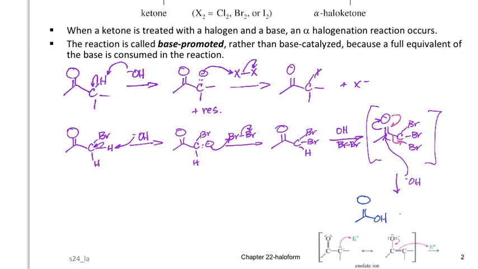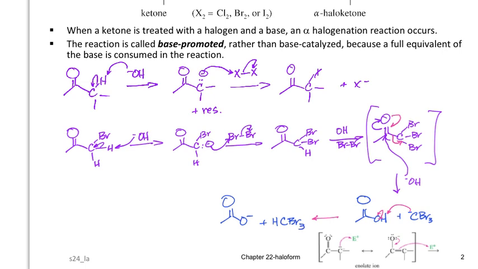And so we'll be left with our carboxylate. We'll say this, CBr3 with a minus. And that's going to remove the proton from the oxygen because it's a strong base. And so our final result will be the carboxylate itself and the haloform. So this is bromoform.